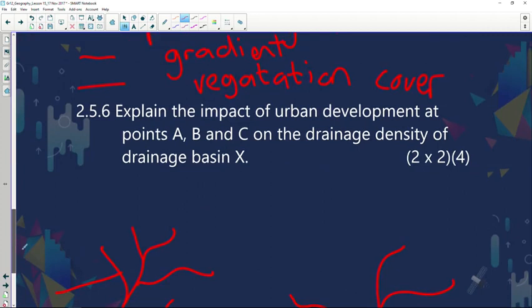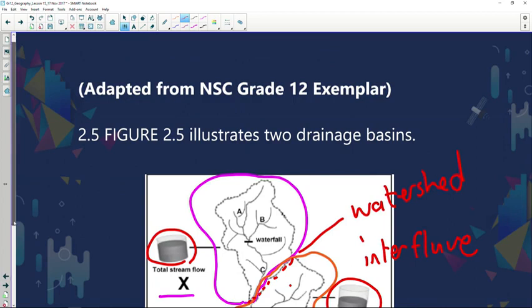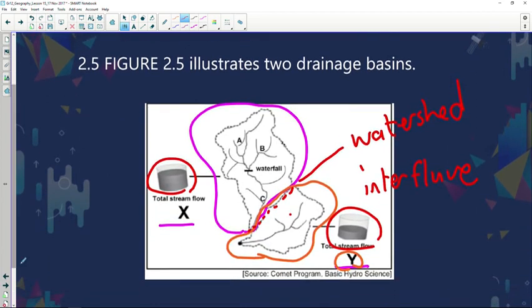Now, if you quickly look at 2.5.6, explain the impact of an urban development at point A, B, and C on the drainage density of the drainage basin X. So we need to focus on basin X. Now, if you look at this diagram over here, we can already see that X has got a high density.